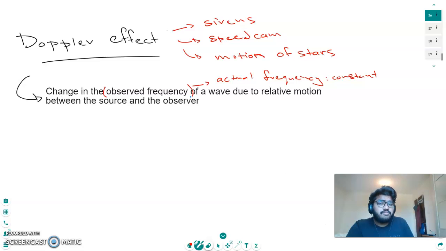So the frequency that's coming out of the source is actually constant. But what changes is the frequency that is being observed by the observer. And this is due to this relative motion between the source and the observer.